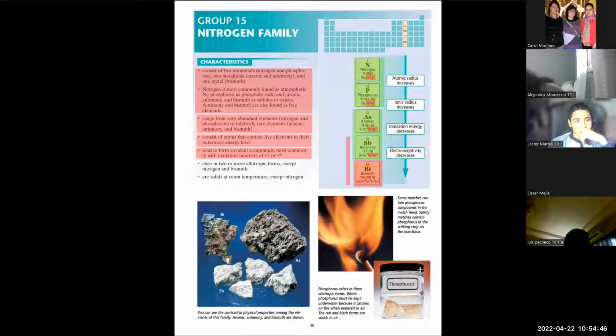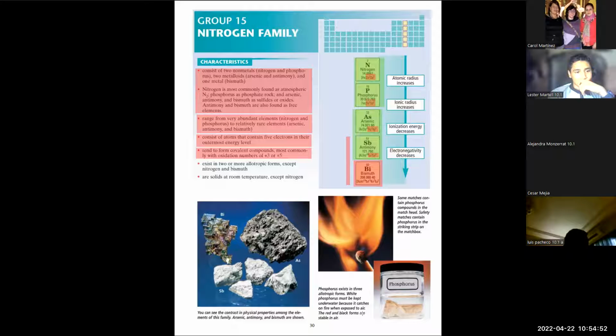Now, another allotropic form of phosphorus is this white phosphorus. This one, as you can see, has to be kept underwater because it catches on fire when it is exposed to air. So the white phosphorus is going to be unstable because it's going to be very reactive.